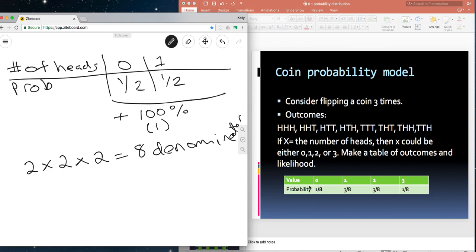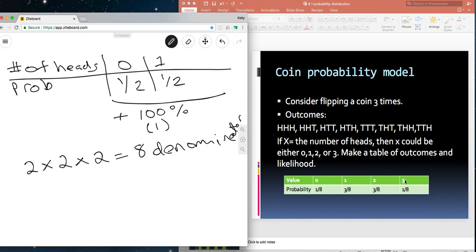And then basically to get this probability model down here, they just counted how many times that happened. So with 0 heads, there's only all tails. That's only 1 of those. For 1 head, remember this one counts, this one counts, and this one counts, so that is 3 out of 8. For 2 heads, this is 1, this is 1, and this is 1, so there's also 3 out of 8.